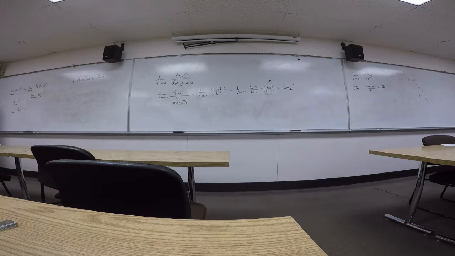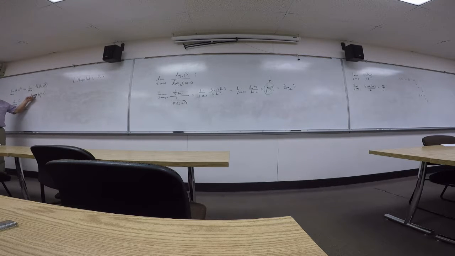Now if we look at this, sure enough, as x increases without bound, log of x goes to infinity, log of infinity is infinity over infinity. Now we're in a more useful form, infinity over infinity. We apply L'Hopital's rule.